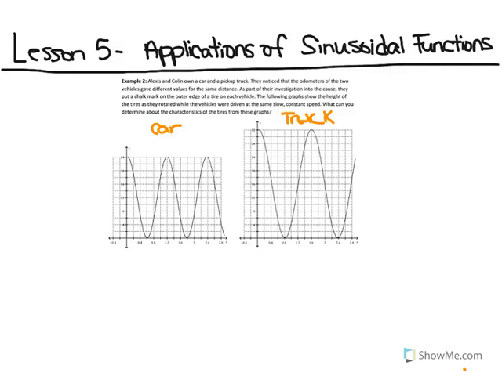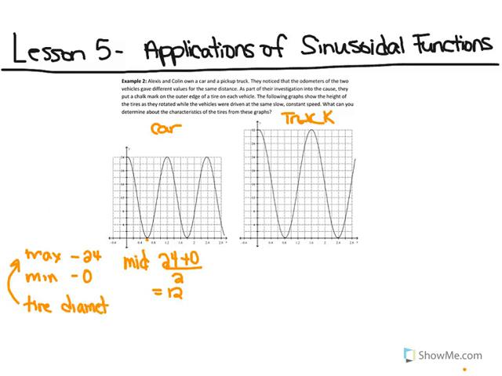So we're going to find the maximum and the minimum. Our maximum is 24 and our minimum is 0, which makes sense because it has to touch the ground at some point. Our midline would be 24 plus 0 divided by 2, which is 12. So what this information tells us is, first off, that the tire has a diameter of 24. That's how big it is.